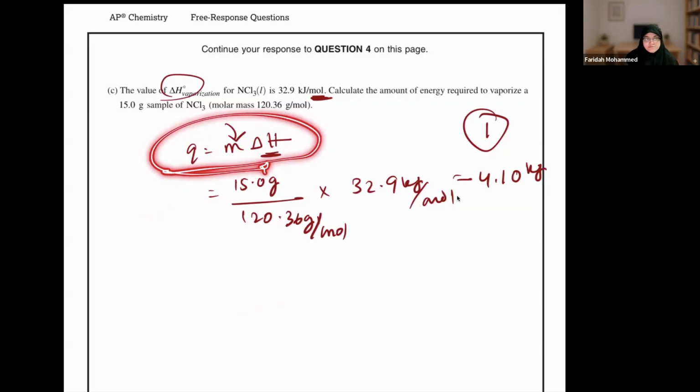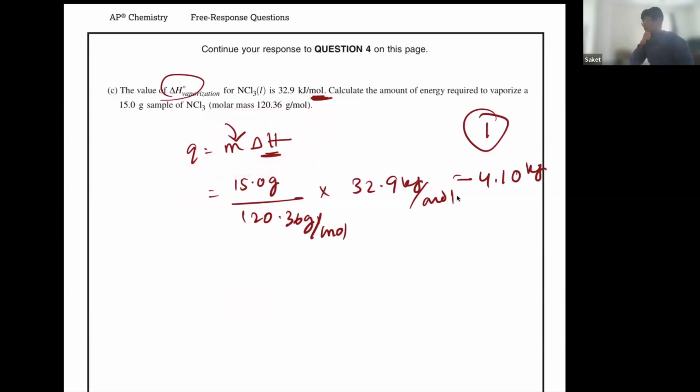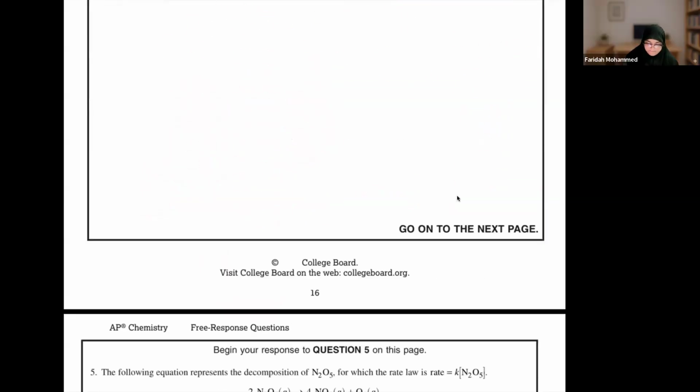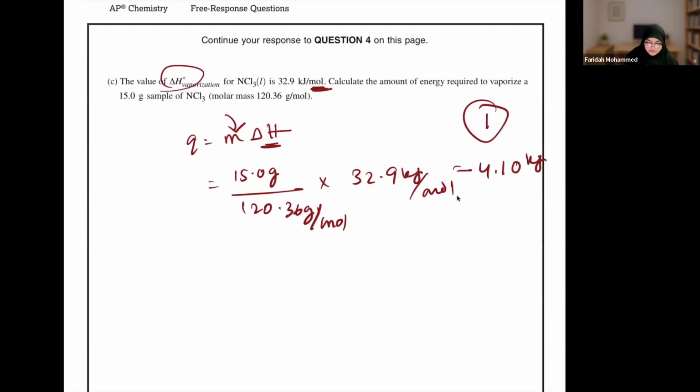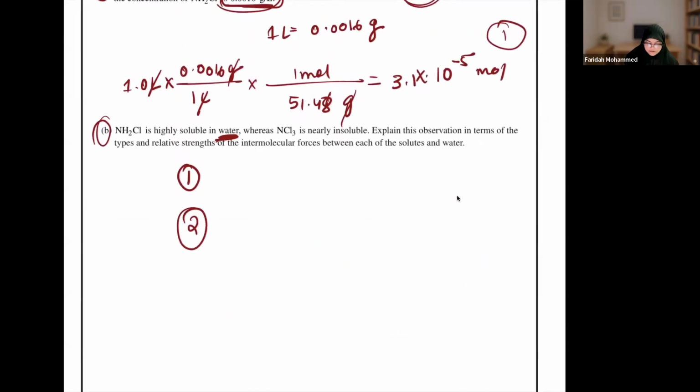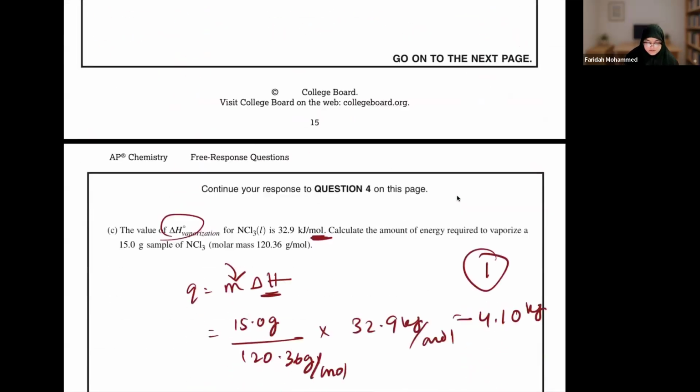That's why I'm just using this formula. So if it asks for thermal energy, then you're actually finding Q. Okay, so this is a total of 4 points: 2 points for B, and this is 1 point.